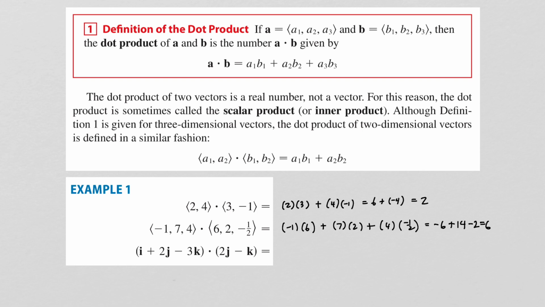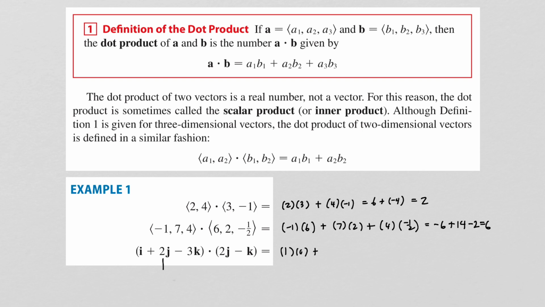And finally, we can also take the dot product when we have vectors using i, j, and k. It works the same. We're going to take the first component here, which is the number 1, multiplied with the first component over here. Notice that you don't see an i, so that means the component is 0. So that's going to be 1 times 0.